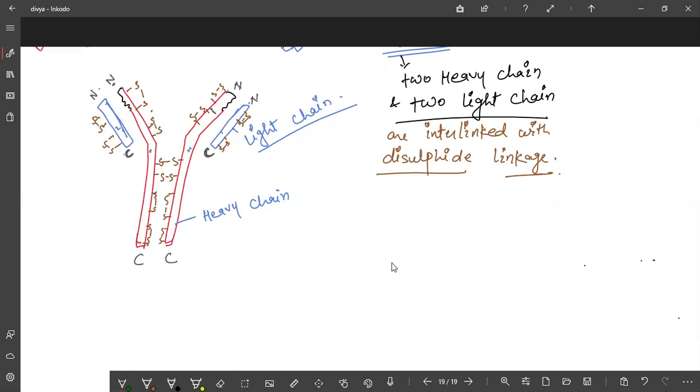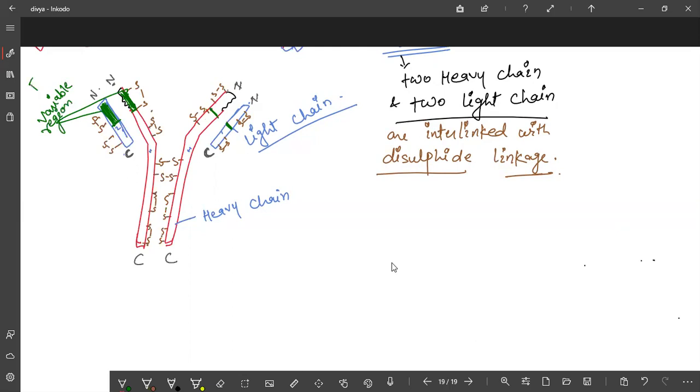So here, see, I'm coloring it. This is called variable region and this one is constant region. So the greenish portion I am writing here: variable region.